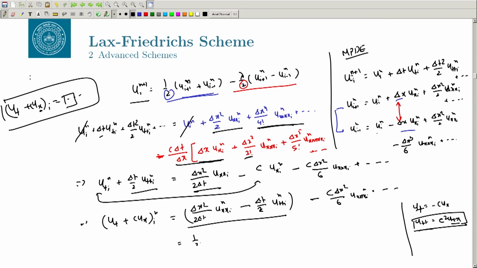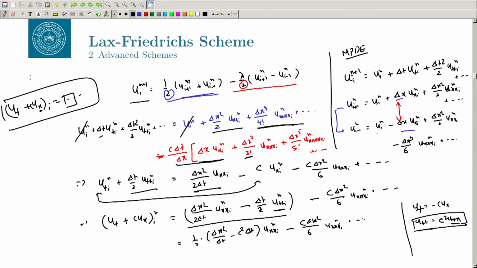So, you can write 1 by 2 delta x square by delta t minus c square delta t u_xx_i^n, where we convert this u_tt_i^n into c square u_xx_i^n, right, minus c delta x square. Anyway, these terms that we are preserving are only space derivatives and so on and so forth, right.